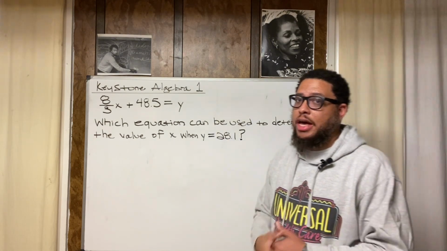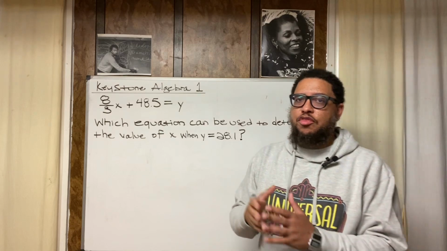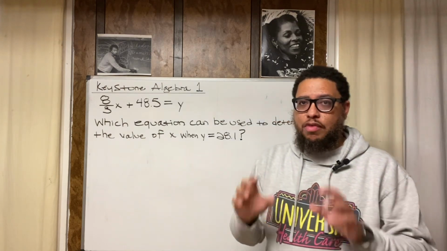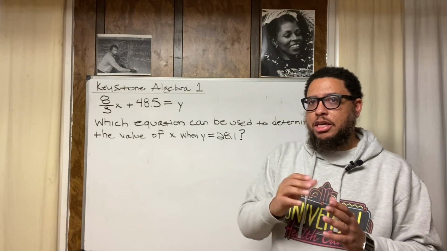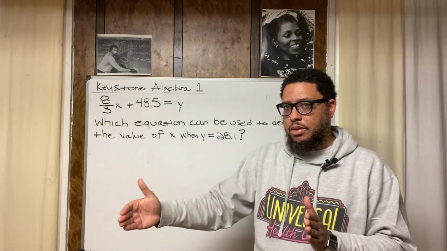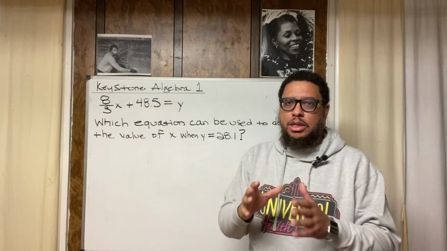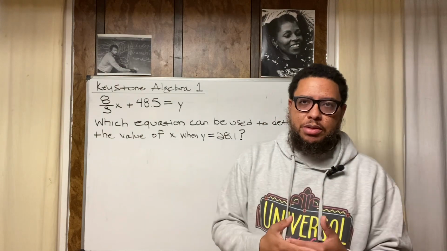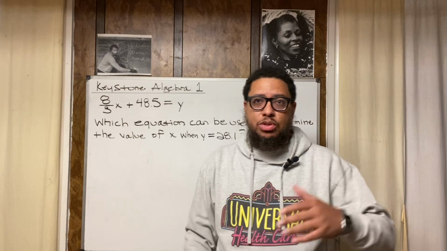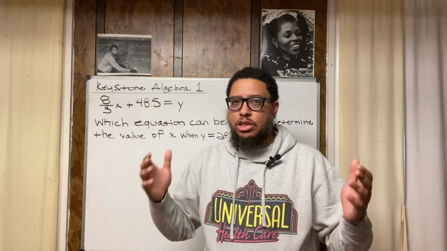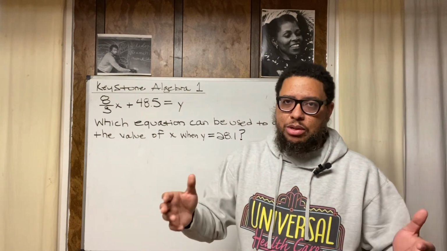Now, when they say solve for x, they're not saying to actually find the final numerical value of x. They're saying solve for x in the sense that x is going to be equal to a long expression. See, that's one thing I want to clear up. Sometimes when you solve for something, you're finding its numerical value. You're saying, okay, x equals 3, x equals -2, x equals 4, x equals 1.5, x equals 10,000, right?